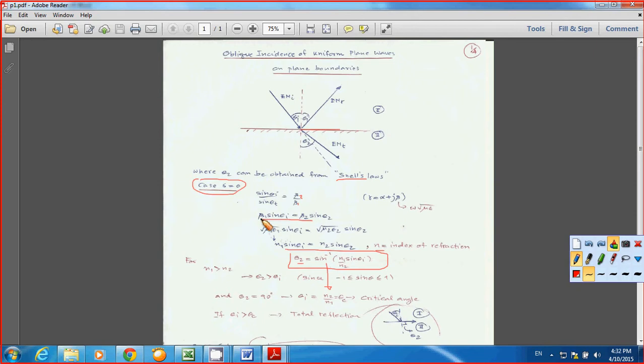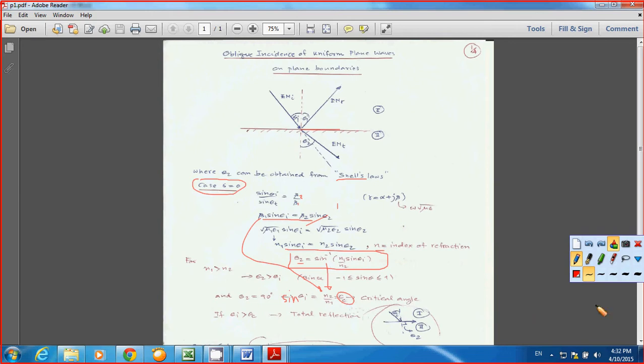You can pick up this equation here when you set sin theta 2 equal to 1. Actually, I put something wrong here. It's supposed to be sin theta I equal to n2 over n1, and you can find theta I, which is what we call the critical angle.